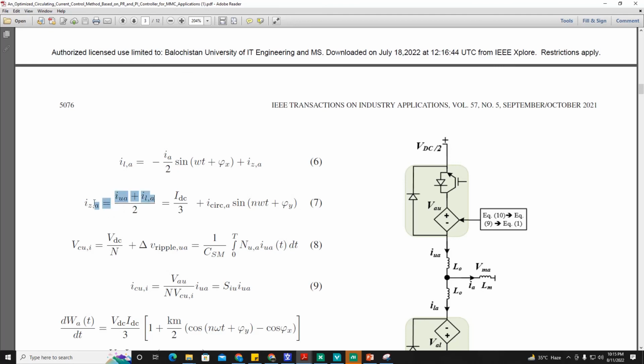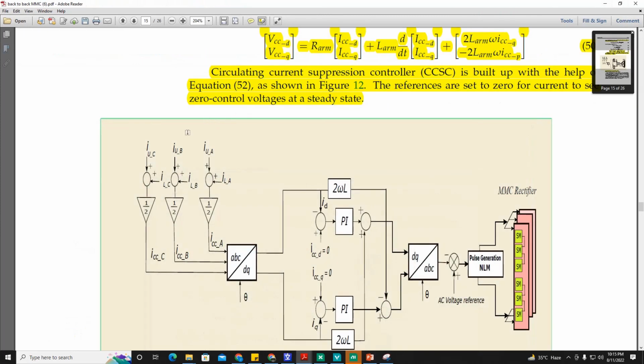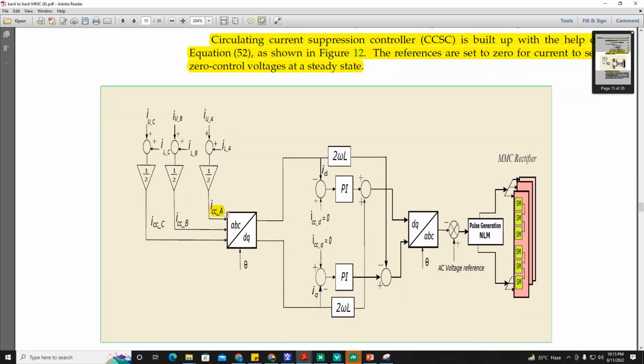This is the differential component, and in the differential component there is also the circulating component. So first you add upper arm plus lower arm and divide by 2, and this gives the circulating differential current for phases A, B, and C.